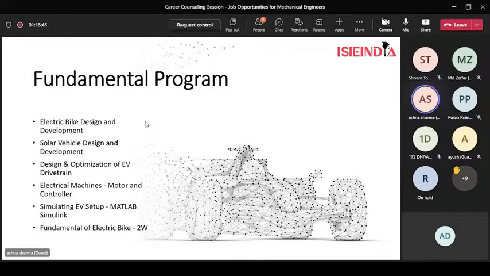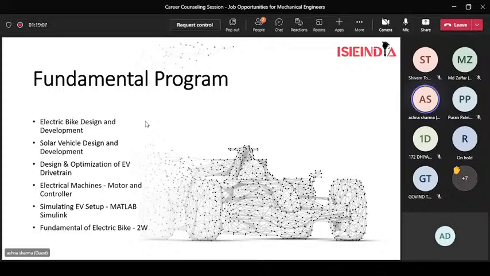Fundamental programs include electric bike design and development, solar vehicle design and development, design and optimization of EV drivetrain and electric machines, motor and control, simulating EV setup with MATLAB and Simulink, fundamentals of electric bike.